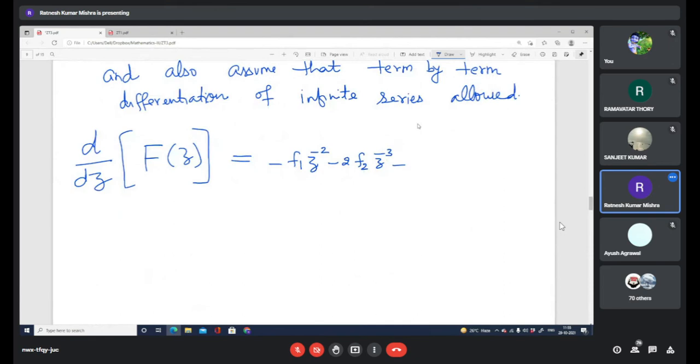Next one is minus 3 f3 z to the power minus 4, minus 4 f4 z to the power minus 5, and so on. So in the nth place, minus n fn z to the power minus n minus 1, etc. So this is d by dz of F(z).